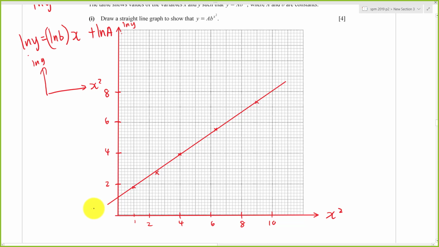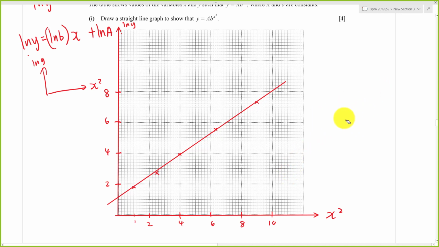The most important thing when you draw this line is, let me say one more time, you want to minimize this distance toward the line. There's a distance here, isn't there? You want to minimize each of the distances toward this line. So this is how we do the best fit here.